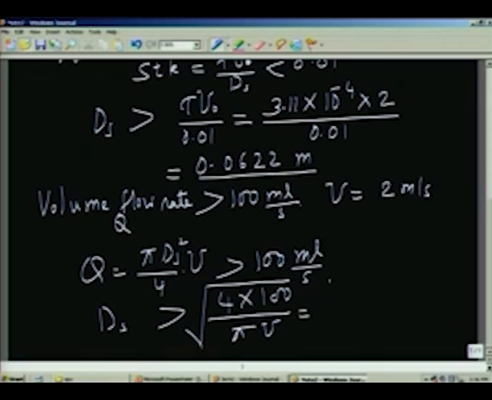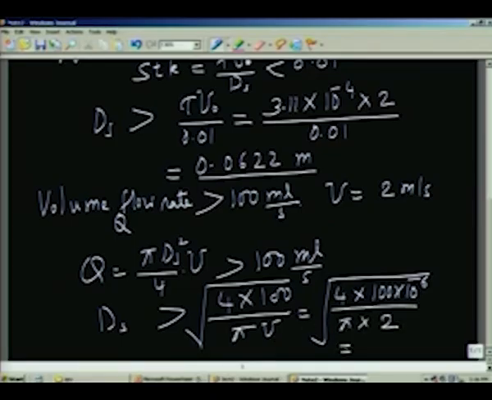So, I can again plug in the values. This will give you 4 into 100, which I should convert to the SI unit. So, I will put it as 100 into 10 to the power of minus 6 cubic meter divided by pi into u, which is 2 meter per second. This will give a value of 0.00798 meter.